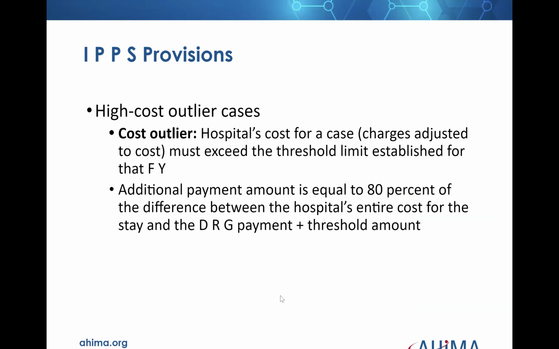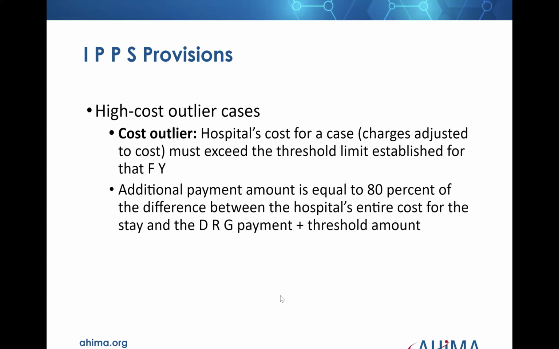CMS does allow for some carve-outs for this, kind of with the same logic of complication comorbidities, major complication comorbidities. We have high cost outliers. So in other words, for certain cases, the charges are adjusted to the cost.